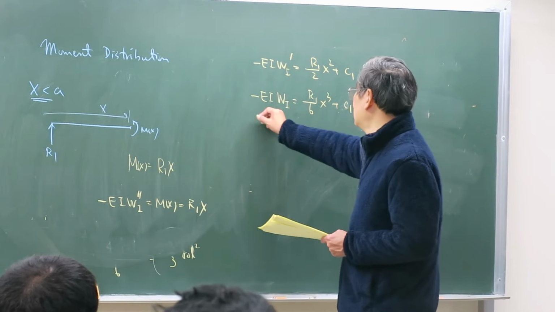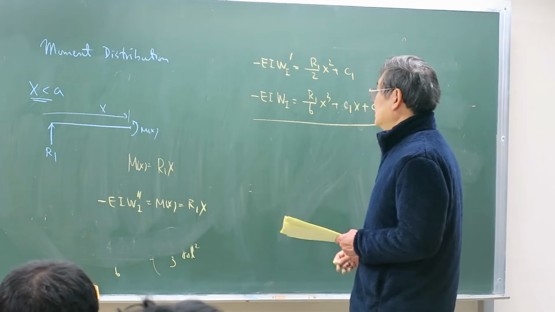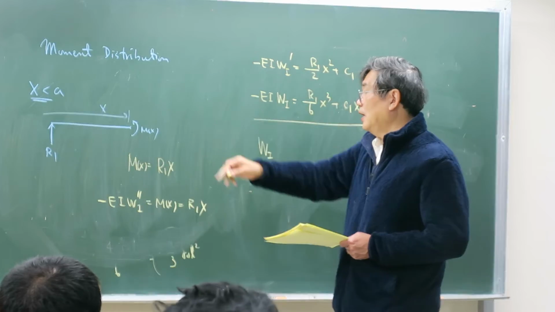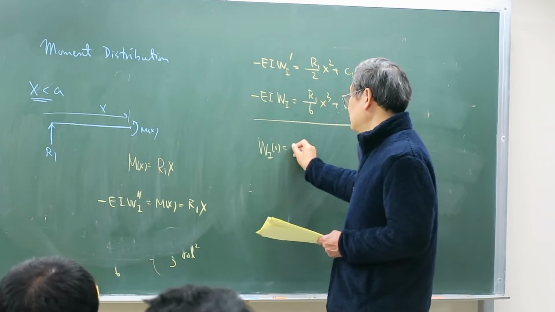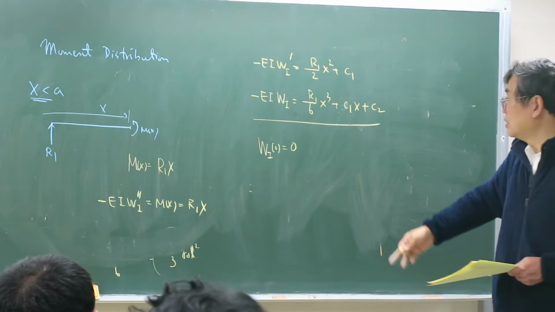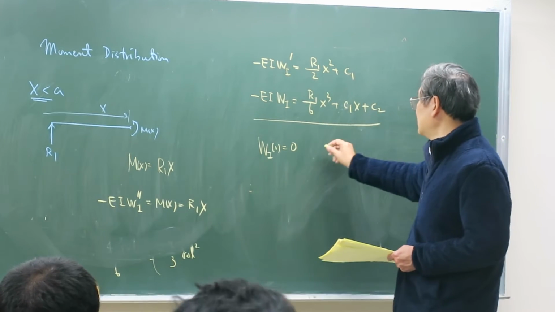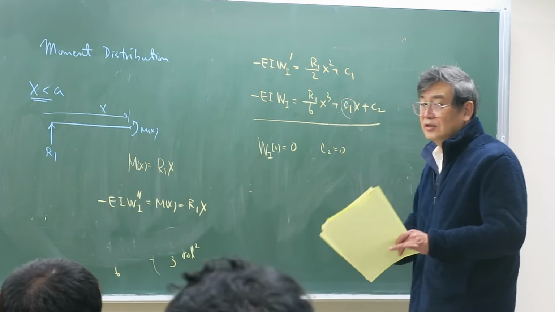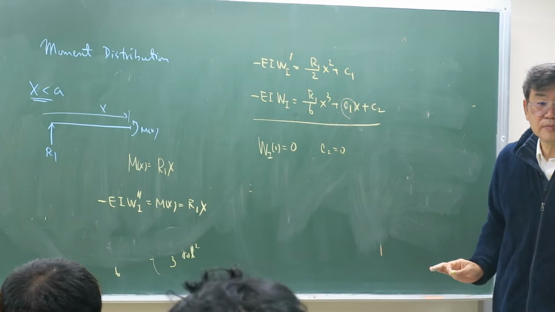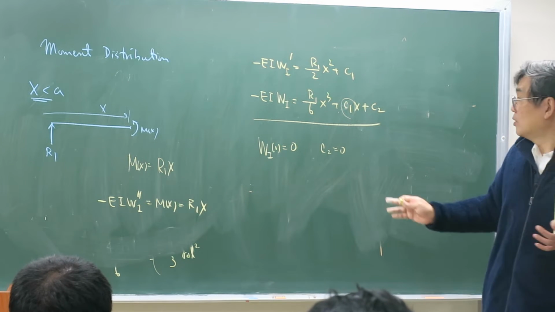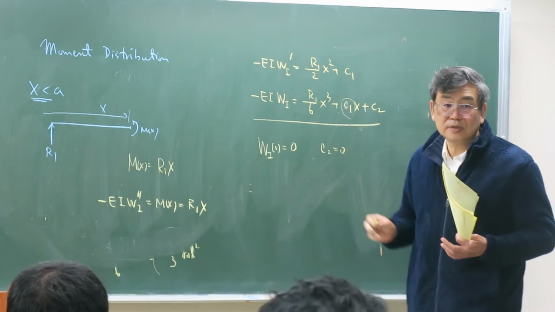I know W1 at 0 equals 0, because there's a hinge, there's no deflection. So from this, C2 equals 0. But C1 still cannot be determined, because for x smaller than a, the only boundary condition I know is W1 equals 0.